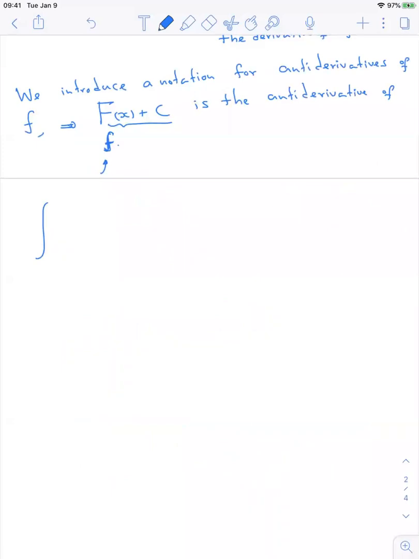And then you write this function f(x), and then there is the notation dx, and that is how we represent the antiderivative of f. So the antiderivative of this function is equal to the function f(x) plus c, right?